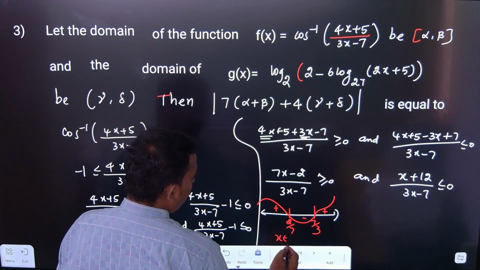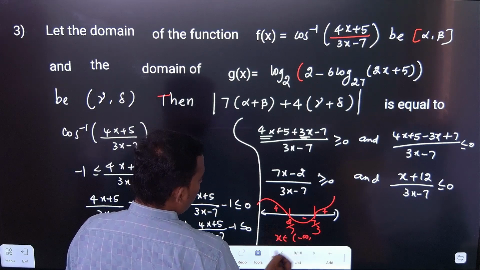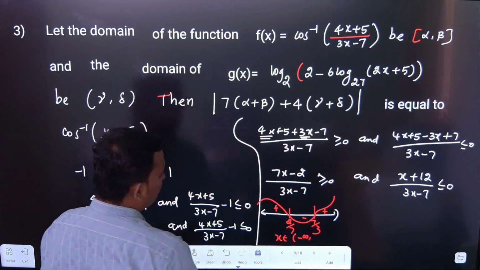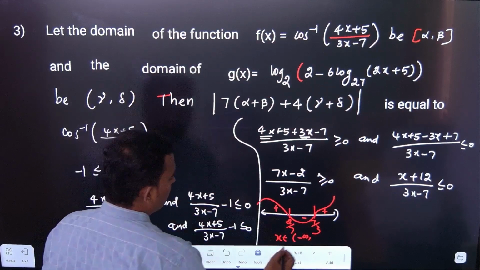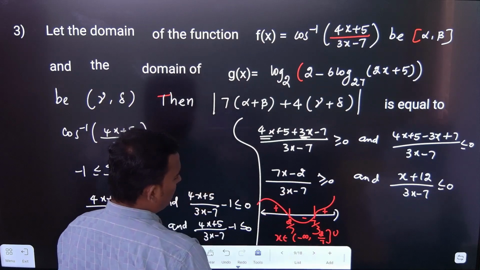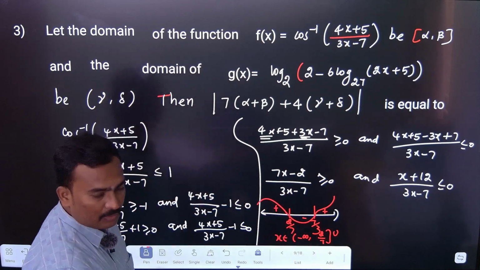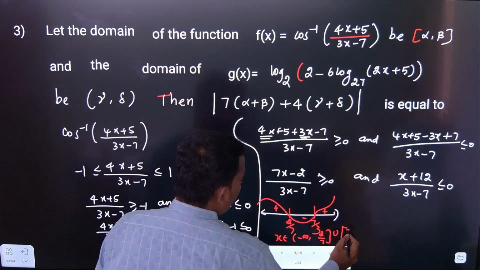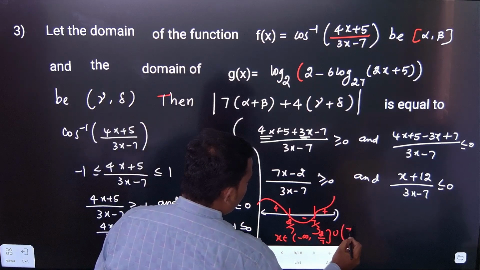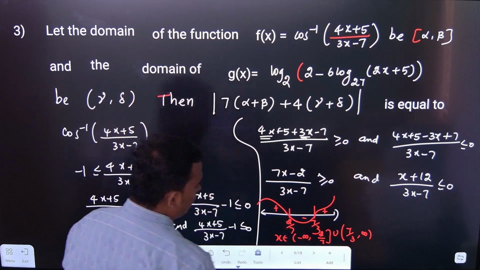Therefore, x belongs to minus infinity to 2 by 7. Is 2 by 7 included or not? Yes, included. Union 7 by 3, which is not included, right? Because the denominator would be 0. 7 by 3 to infinity, open interval, right?